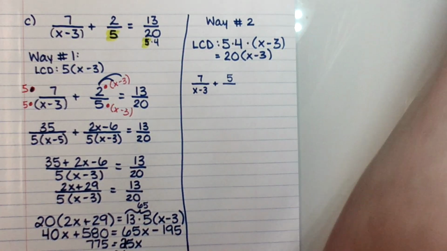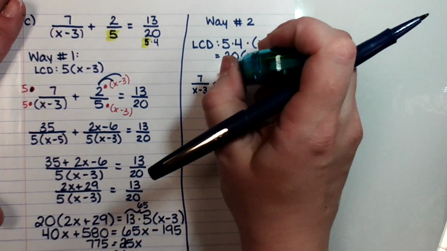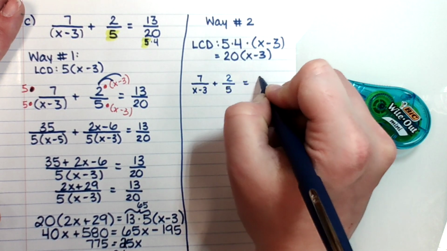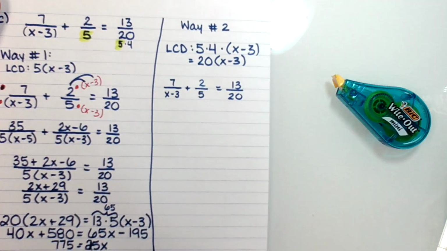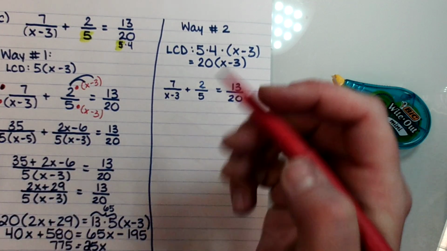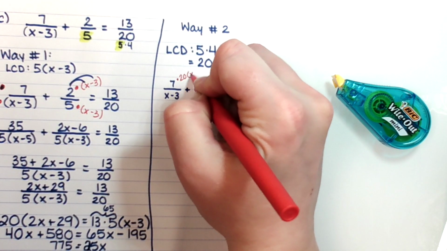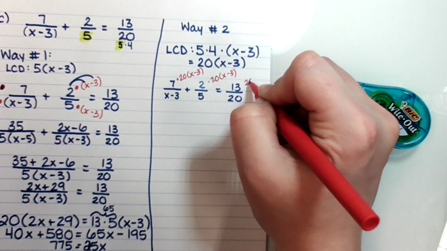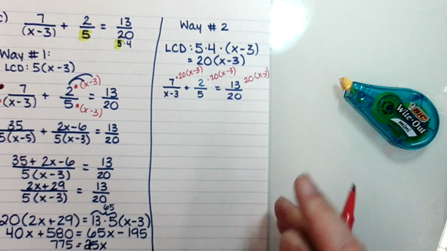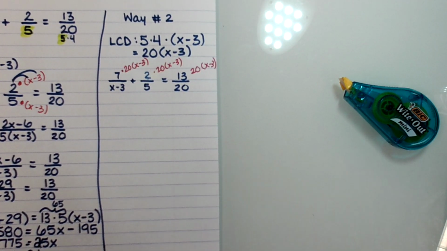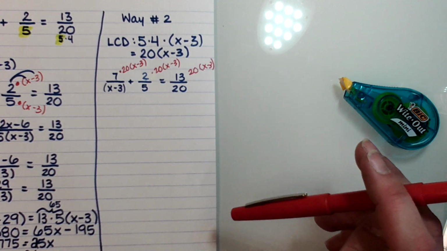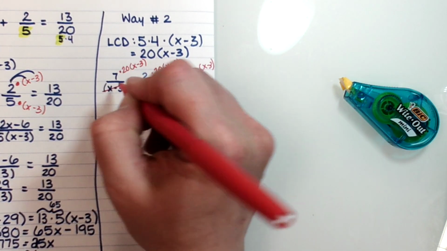Oops, that's not what I said. Multiply all of the terms by that least common denominator. So, I'm multiplying this first fraction by 20 times x minus 3, the second fraction by 20 times x minus 3, the third fraction by 20 times x minus 3. Simplify the fractions. What's going to cancel out of the first fraction? The x minus 3, that's the only thing in the denominator.